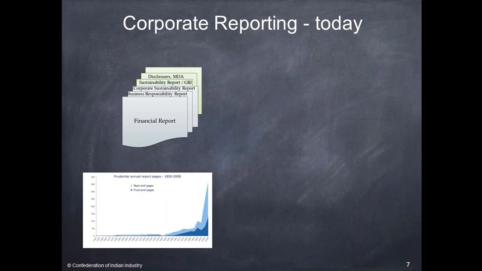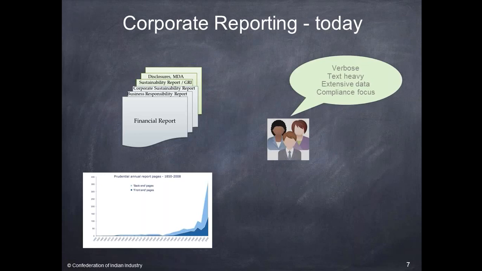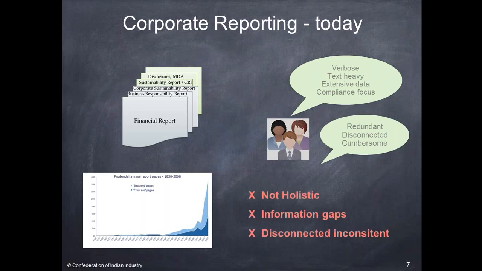But despite this increase, there are a lot of issues regarding the fact that these all tend to be mere compliance focused, they tend to be redundant, and they tend to be disconnected. And so from a user perspective, they'll describe these reports as verbose, text-heavy, with extensive data, compliance-focused. They have a hard time getting the information they need from these reports.